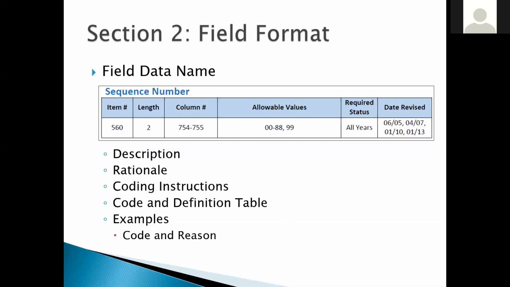Then it tells you the item length of that field. This field has a 2-digit length, which means it will not allow you to enter a 1-digit code or a 3-digit code. You are only allowed to enter 2 digits for that data field.